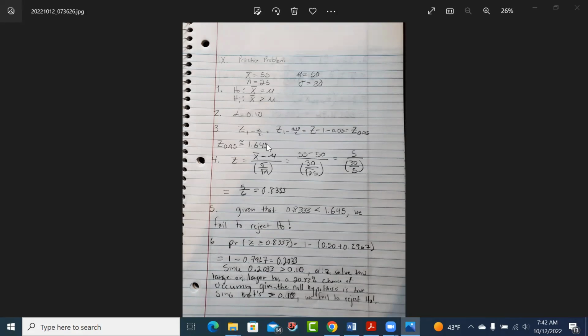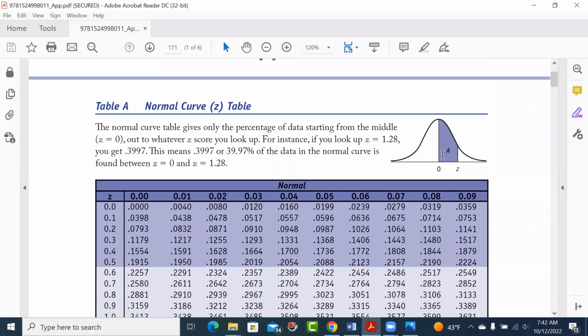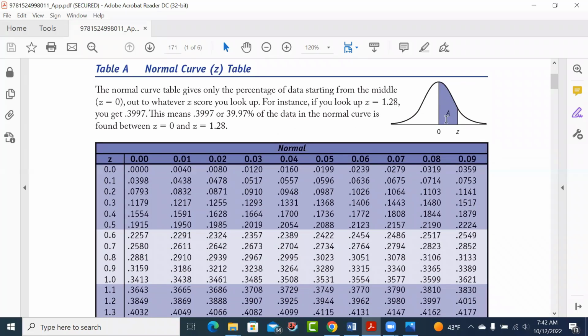So we want to find the Z statistic, the critical value, associated with this. If we go to our table and look for 0.95, don't forget, we only get the value between 0 and Z, so we have to account for the 0.5. It's 0.95 minus this 50%, because we're only getting this amount right here. So that's 0.45.